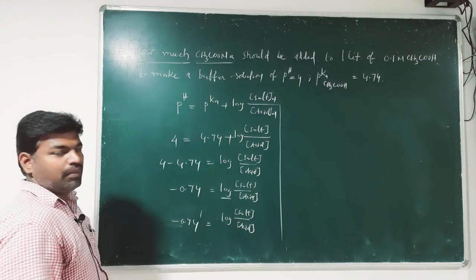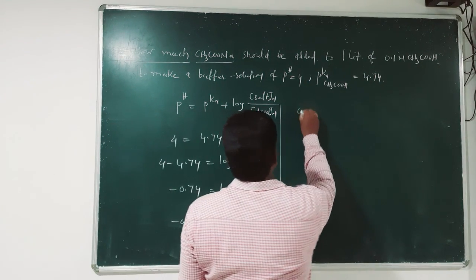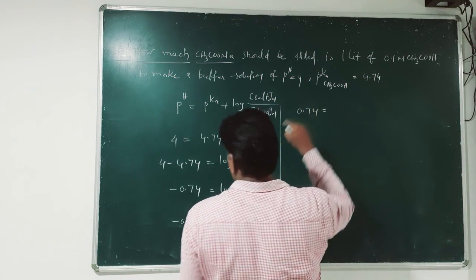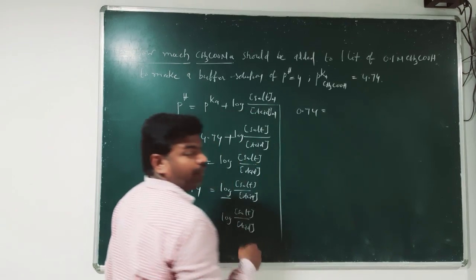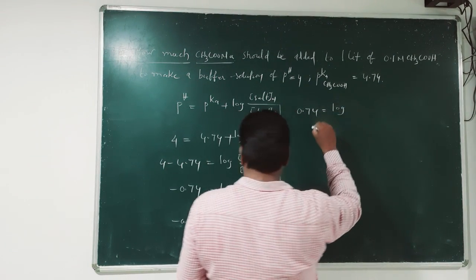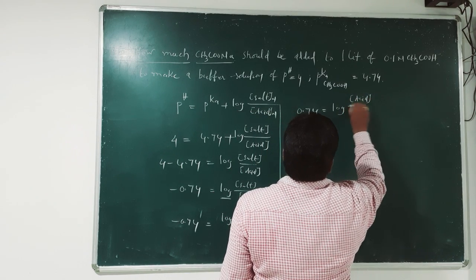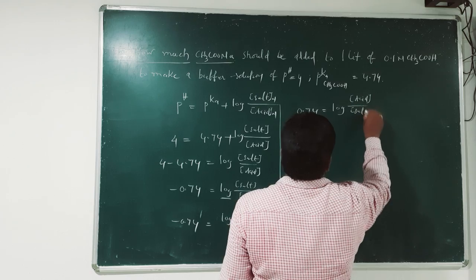Sorry, I am one step earlier. Minus 0.74 we can write as plus 0.74 when we multiply the equation with the negative sign, and this fraction is inverted, becoming log of concentration of acid by concentration of salt.